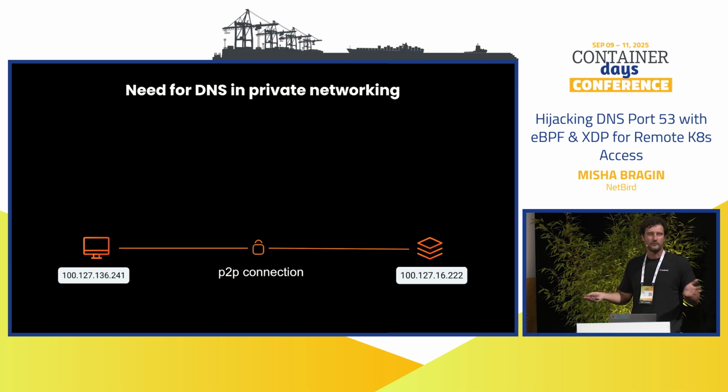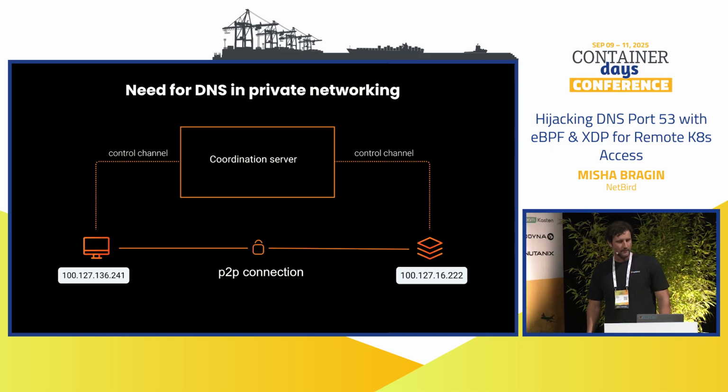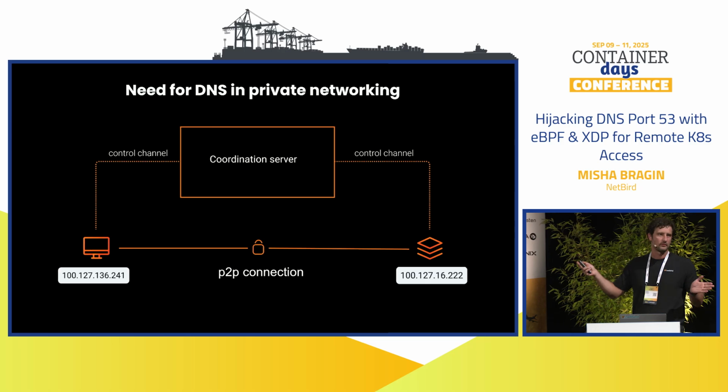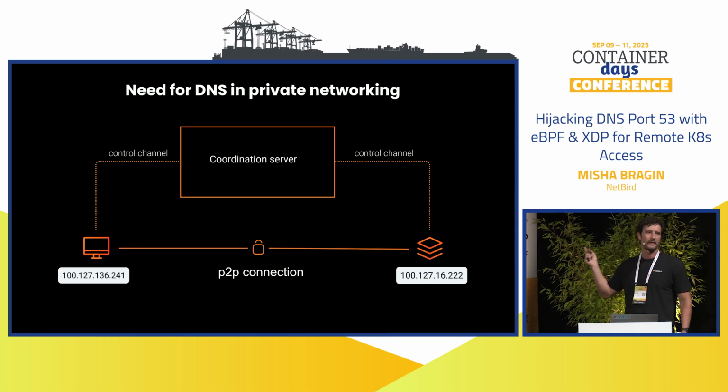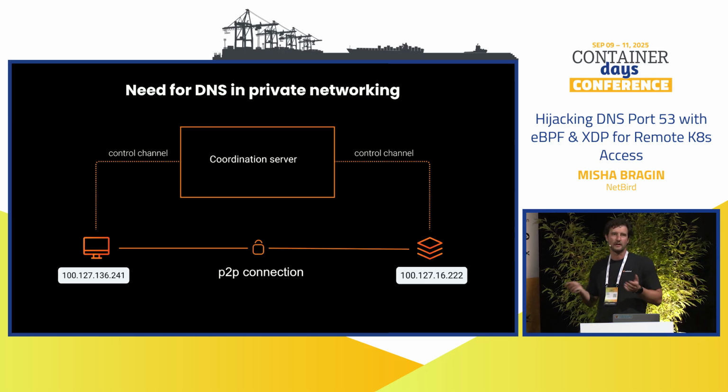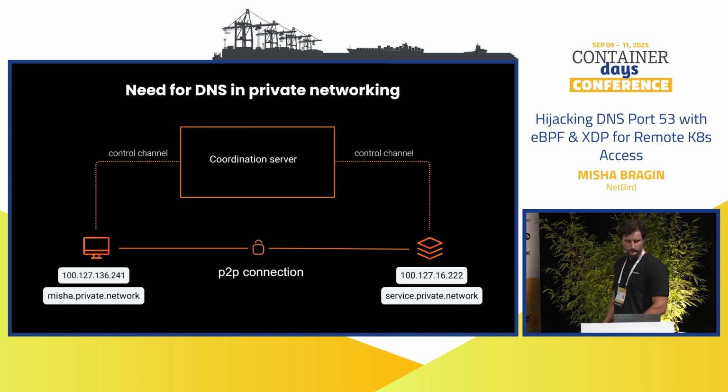In order to find each other, they need some IP addresses. These are the private IP addresses. Let's say it's a laptop on the left side, a server on the right side. And you can assign these IP addresses manually, or there is some sort of coordination server, that's the case of NetBird, that sends this configuration and assigns the IP addresses.